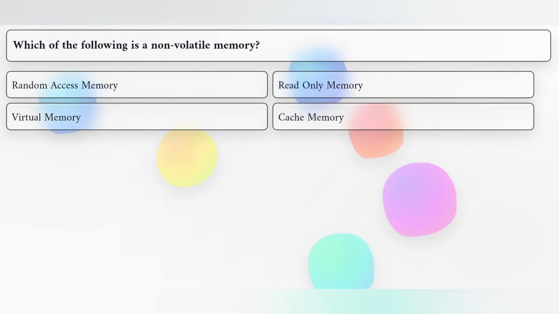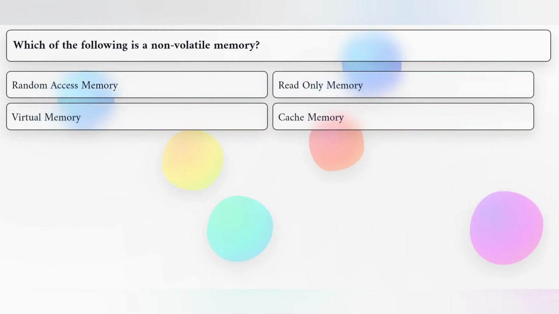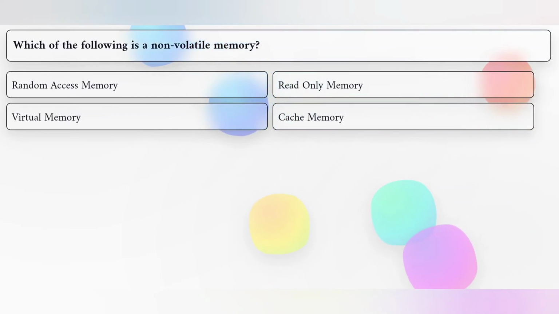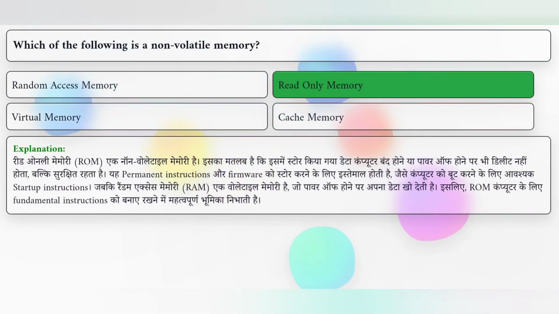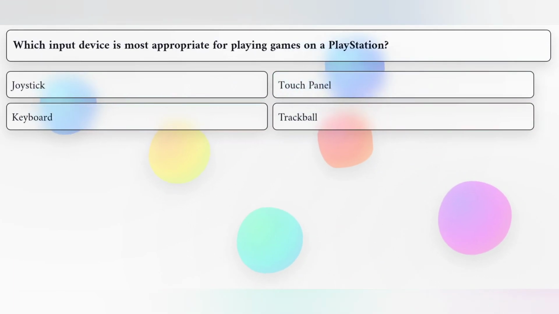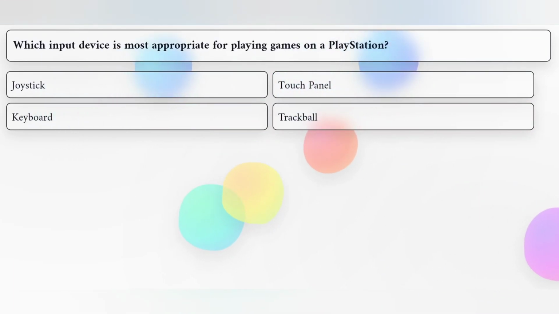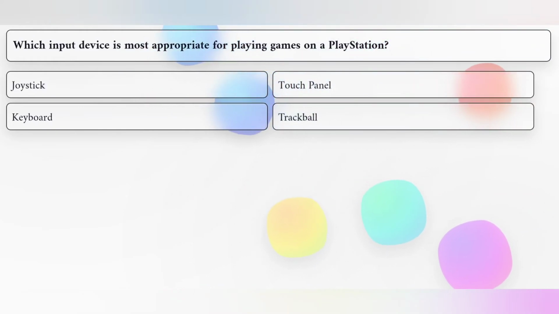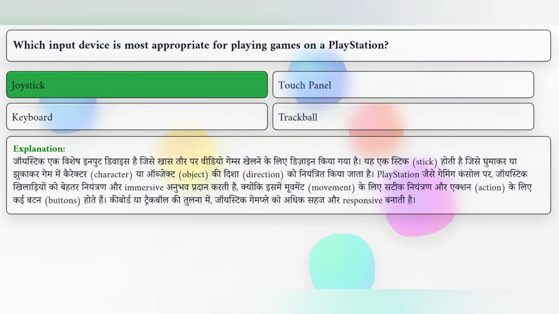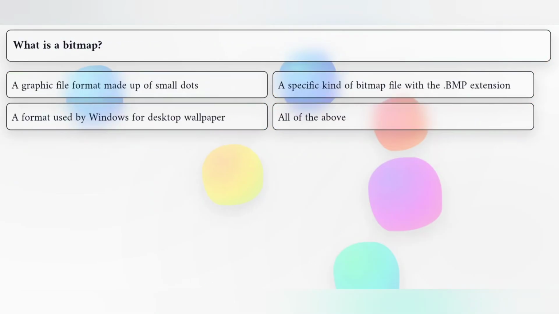Which of the following is a non-volatile memory? Random access memory, read-only memory, virtual memory, cache memory. Which input device is most appropriate for playing games on a PlayStation? Joystick, touch panel, keyboard, trackball. What is a bitmap?